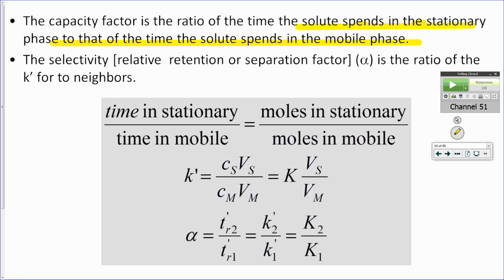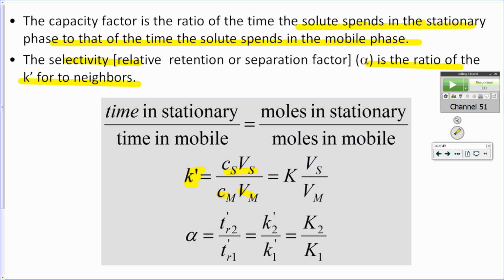Selectivity, we said, was the ratio between two different things: the ratio of K prime to its neighbor's K prime. If we look at what K prime means mathematically, it's equal to the concentration times the volume in the stationary phase over the concentration times the volume in the mobile phase.